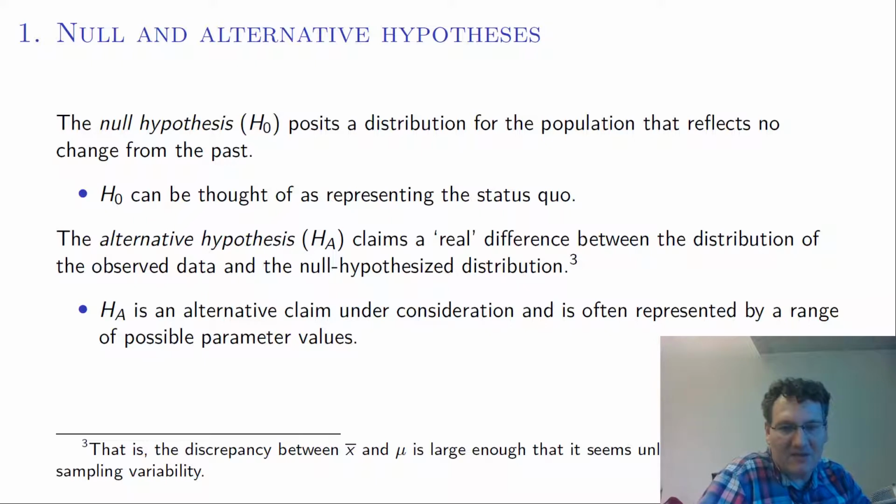Whereas for the alternative hypothesis, the notations vary from book to book: HA, H1 sometimes, could be lowercase or capital A. But it's a really different distribution, and so the alternative hypothesis is modeling the hunch that we're interested in proving. So the alternative claim would be put in the notation of the alternative hypothesis.